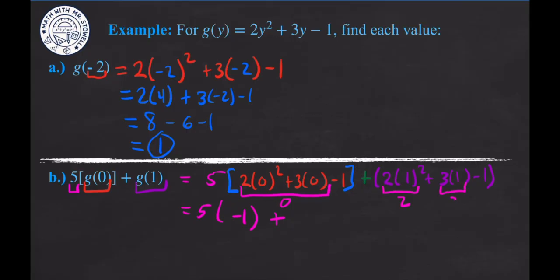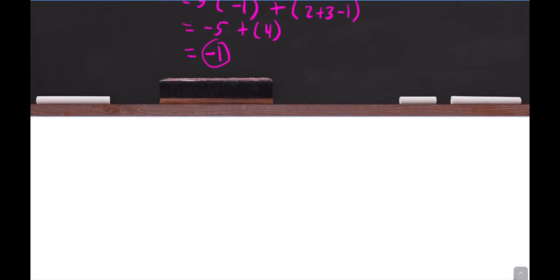Times 2 gives us 2. 3 times 1 is 3. So we then have 2 plus 3 minus 1. This is going to give us negative 5 plus 2 plus 3 is 5, minus 1 gives us 4. So negative 5 plus 4, which gives us negative 1. So the output of this, all that mess of the function, is negative 1.